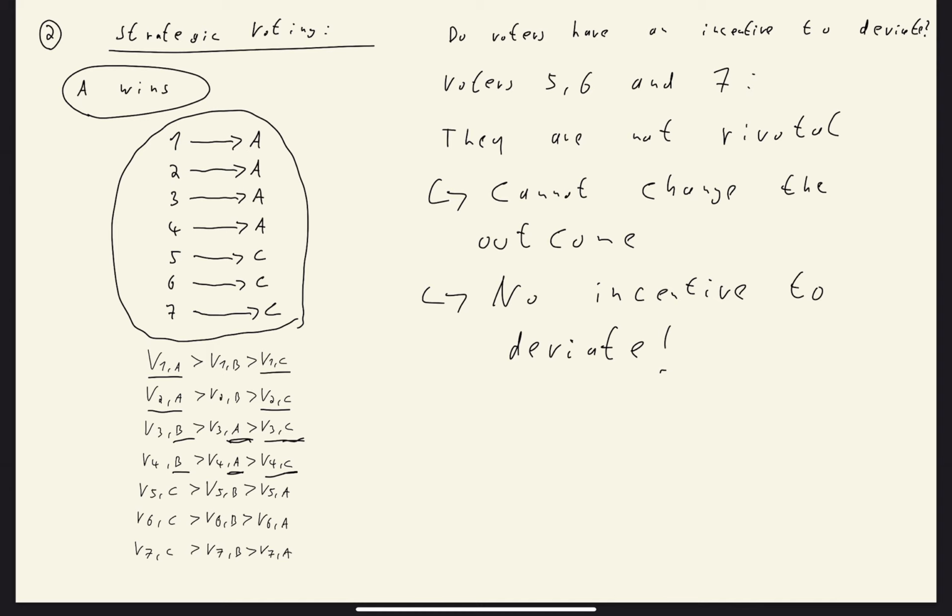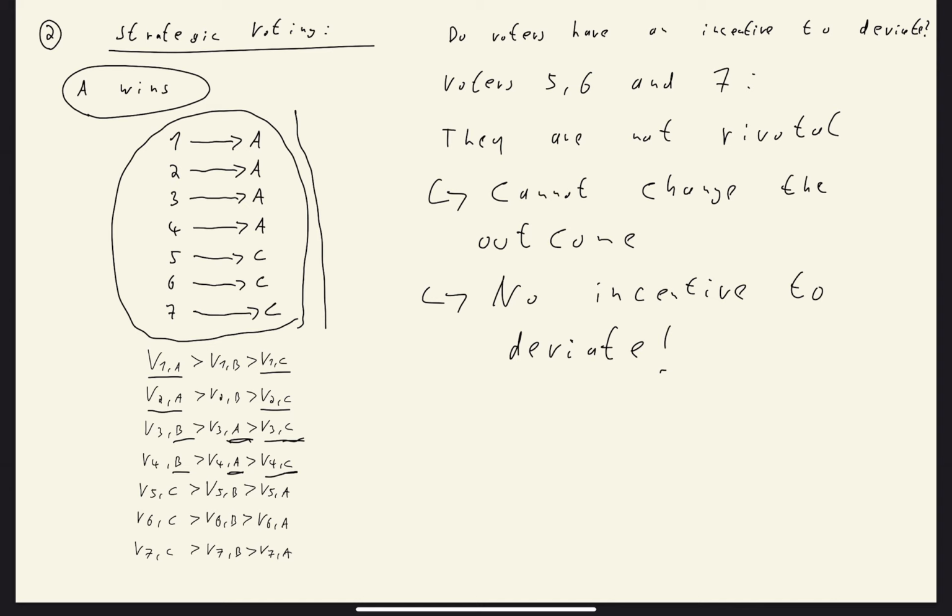And this basically shows you that voters 1 to 4 have no incentive to deviate, even though their change in behavior could change the outcome. But the issue here is that this change in behavior would bring them into a worse situation. So they are sticking to the behavior that I imposed here.